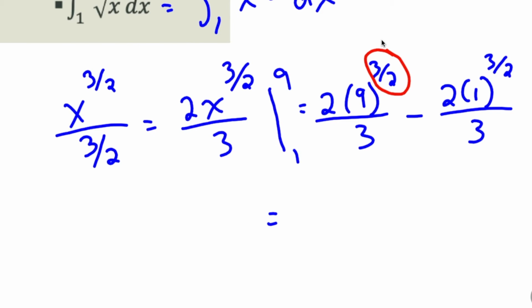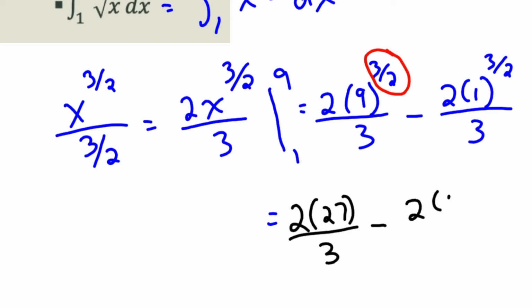In certain cases it's easier to do one over the other. So I am going to do the square rooting. The square root of 9 is 3. 3 cubed is 27. So 2 times 27, we're going to divide all this by 3. Minus, over here, 1 raised to any power is 1, so that's just 2 times 1 over 3.